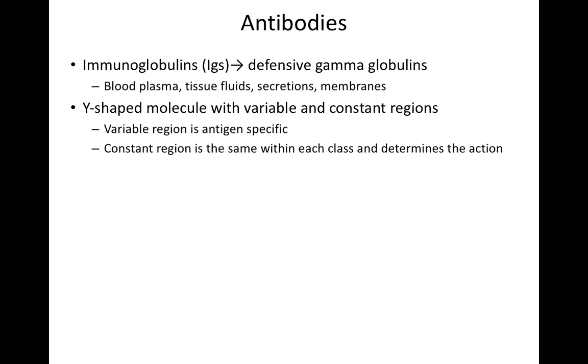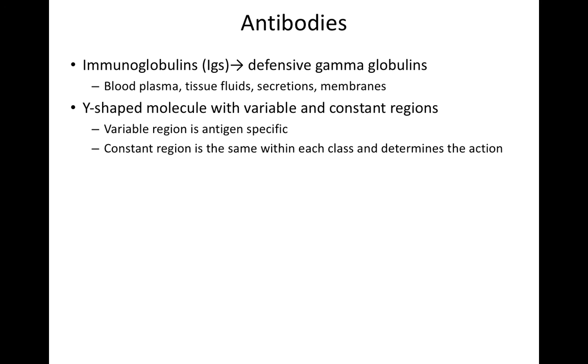I like to think of them as lobsters. So everybody picture a lobster. It's got its body, and then it has two pinchers, okay? The variable region would be the lobster's pinchers. It's very specific to the shape of the pincher and what it could grab a hold of. The constant region is the same within each of the 5 classes and would be the body of the lobster.